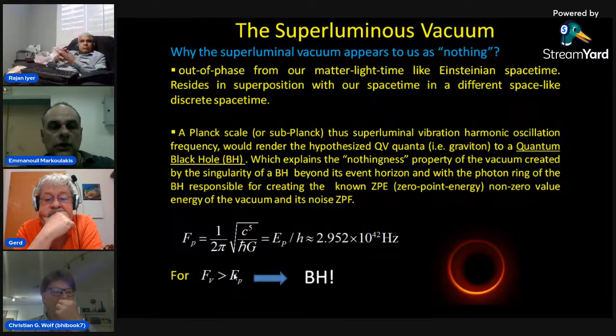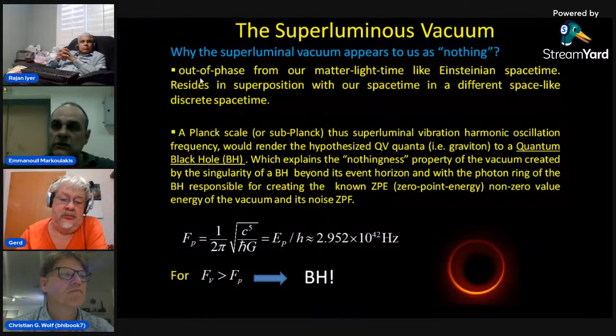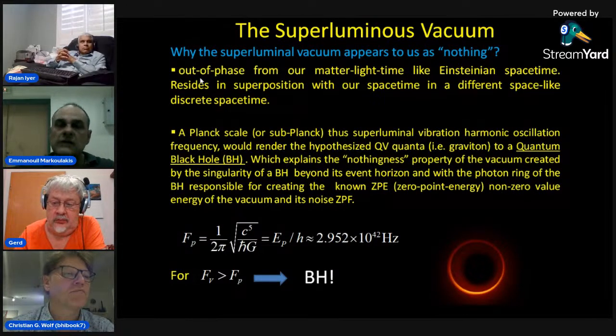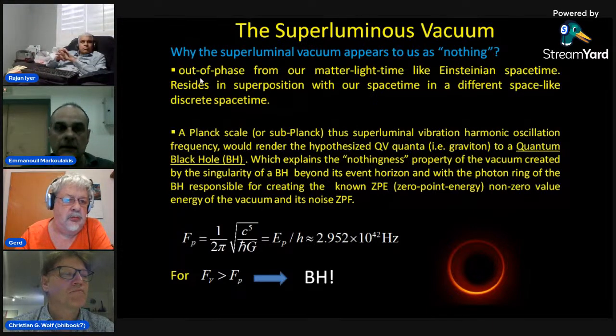So, continuing now, what we're talking about is that the gravitons, this graviton condensate, resides in a totally different space-time than ours, but it's actually in superposition with our space-time. So the two space-times are entangled.